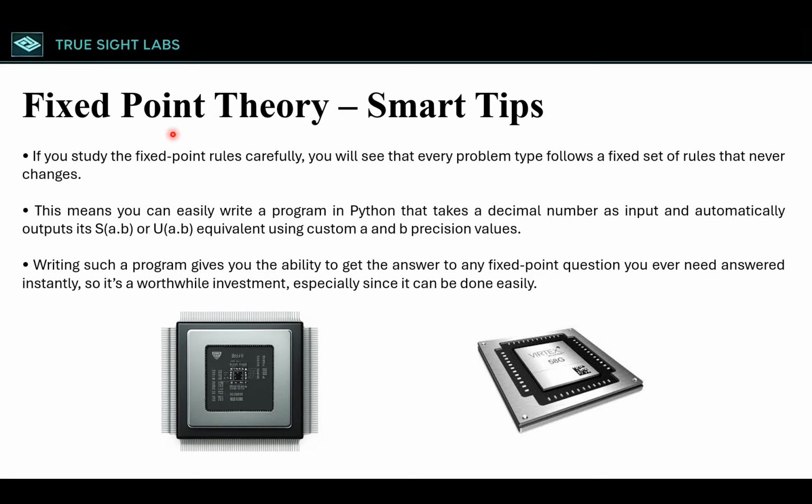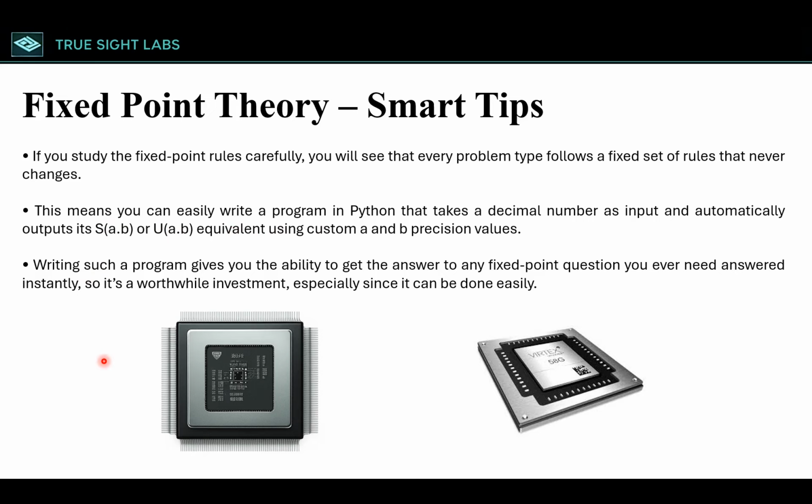So some smart tips: if you studied the fixed point rules carefully, you should have seen that all of the problems followed a fixed set of rules that never change. What this means is that you can easily write a Python program that takes in the value for A, takes in the value for B, and then takes in any number of your choice and automatically outputs it in either SA.B or UA.B.